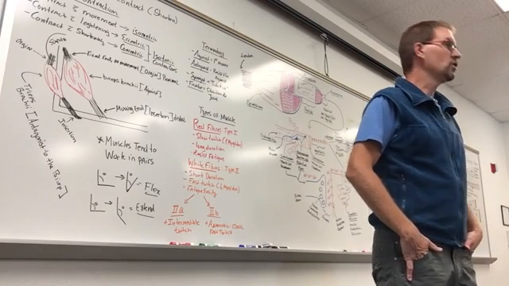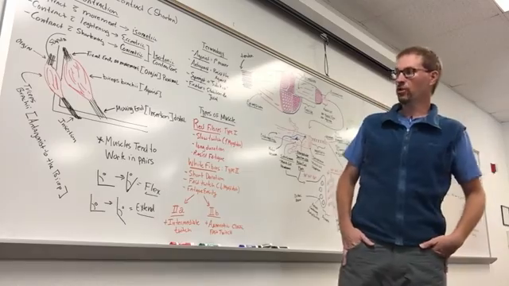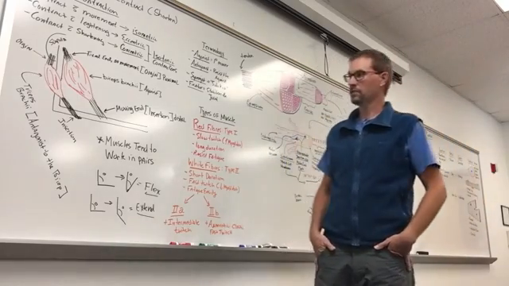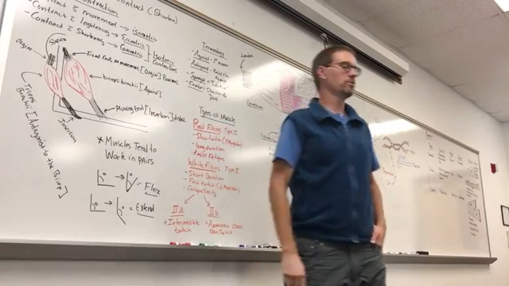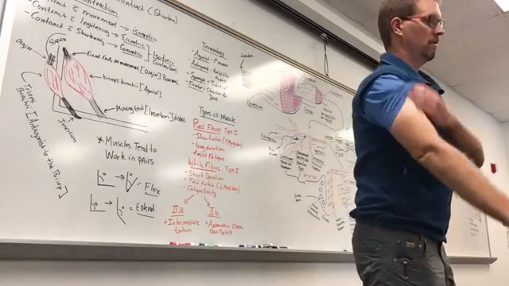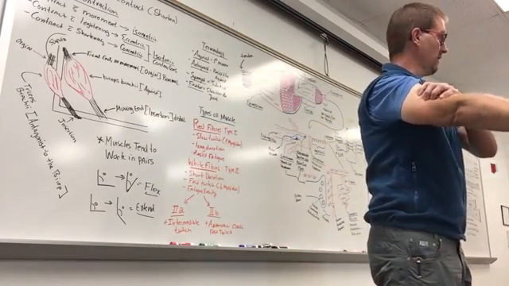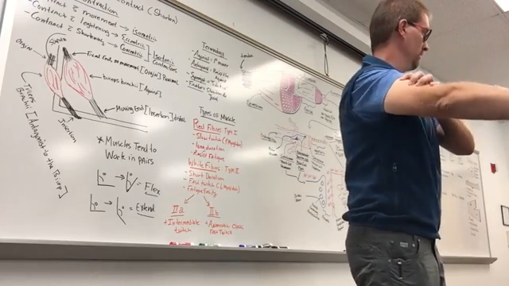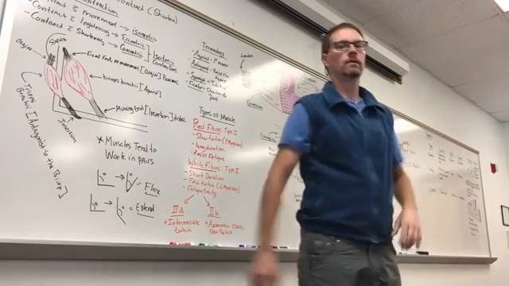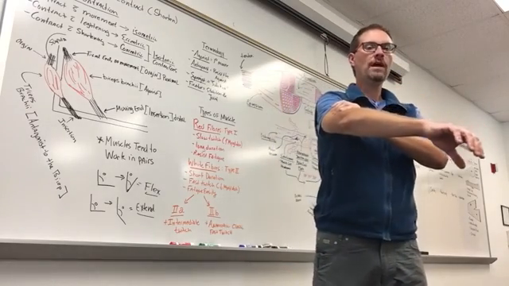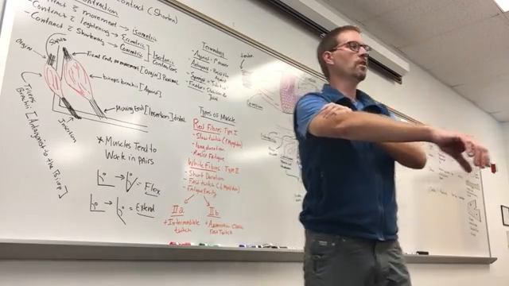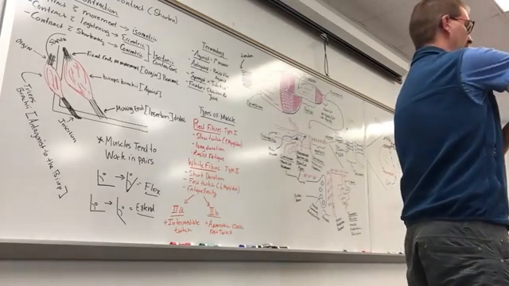I'm going to give you a really good example of a pair of muscles. You have your biceps brachii. Everyone knows where your biceps brachii is, right? It's right in here, on top of your humerus. Now, this tends to work with another muscle called your triceps brachii, which is back here.